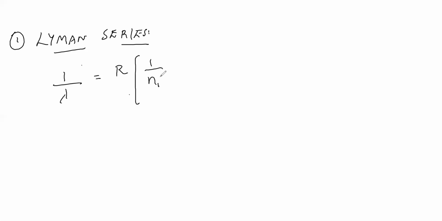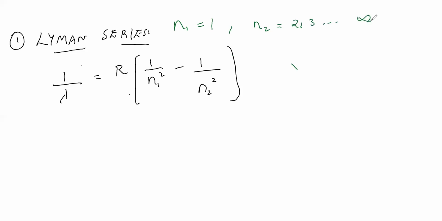First one, Lyman series. The same formula: 1 by lambda is equal to R into 1 by n1 square minus 1 by n2 square. For Lyman series, n1 will always be 1 and n2 will start from 2, 3 up to infinity.